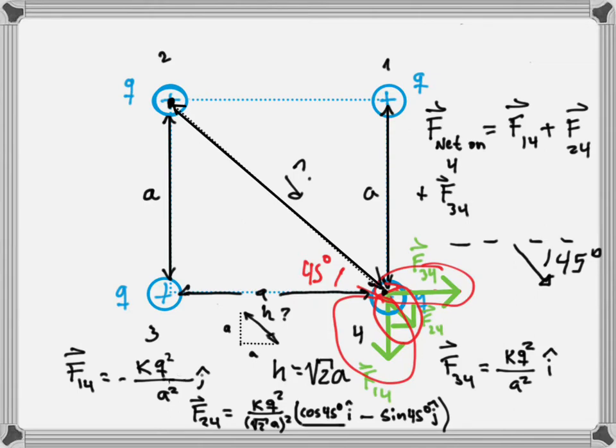Notice that the cosine of 45 again came from the x component. The minus sine 45 is going to come from the vertical component. We have to multiply the magnitude of the vector times the sine, in this case minus sine of 45, because the angle is 45 below the x-axis. So those are the two components of the vector F24.